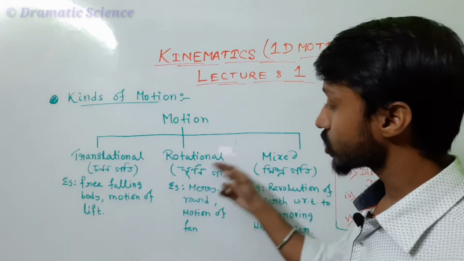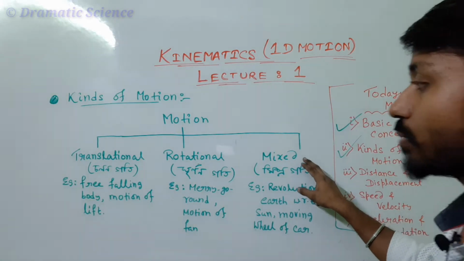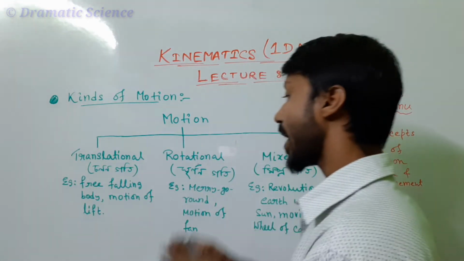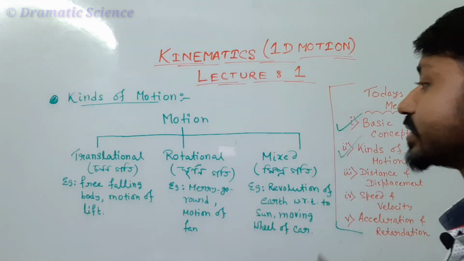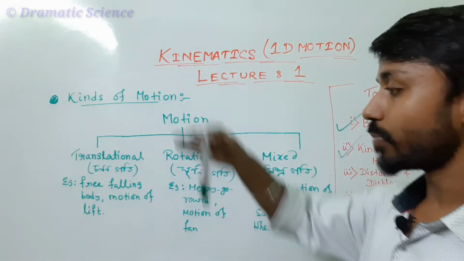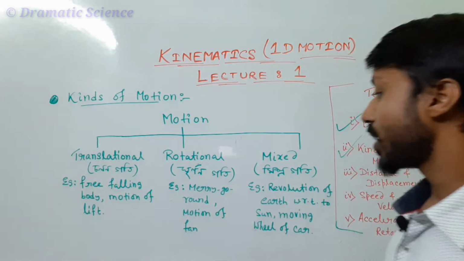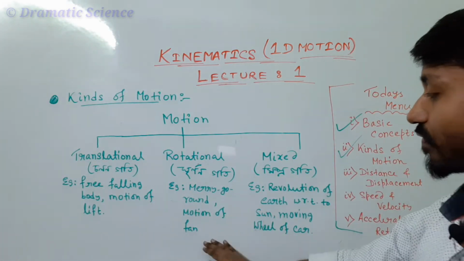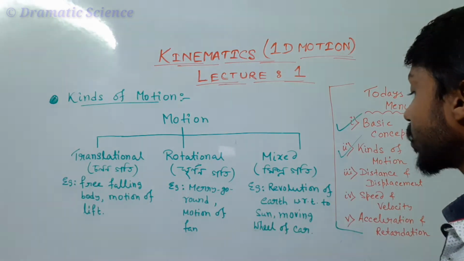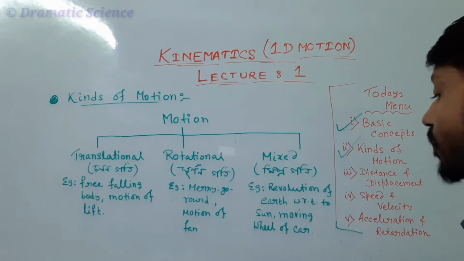In the case of rotational motion, it rotates. And in the case of mixed motion, both translational and rotational motion occur at the same time. Examples: a freely falling body, a body falling from a certain height, motion of a lift, merry-go-round, motion of a fan, revolution of the earth with respect to the sun, moving wheel of a car.